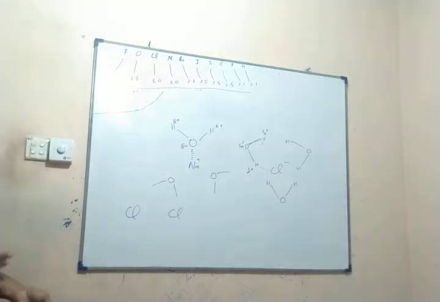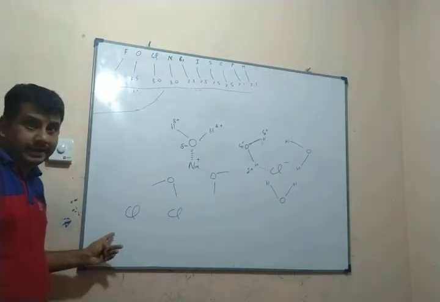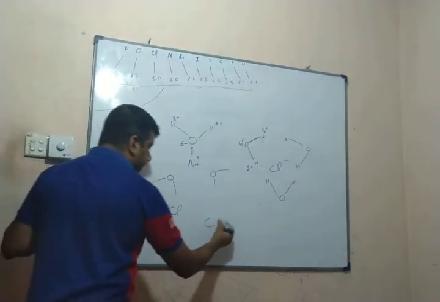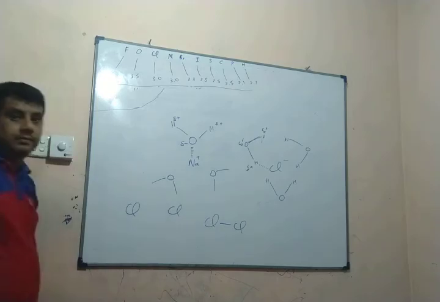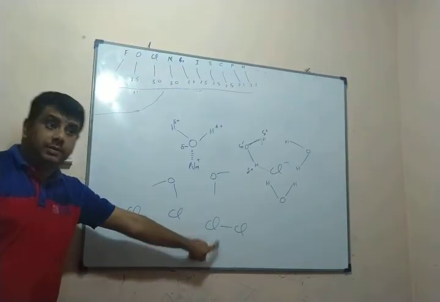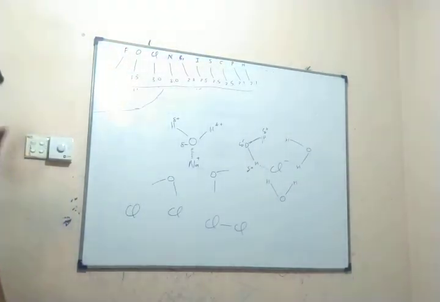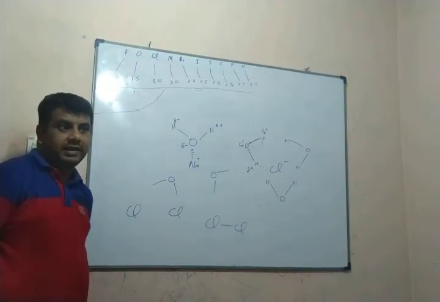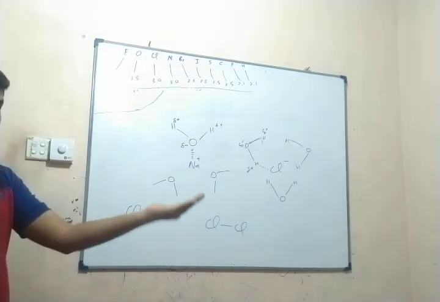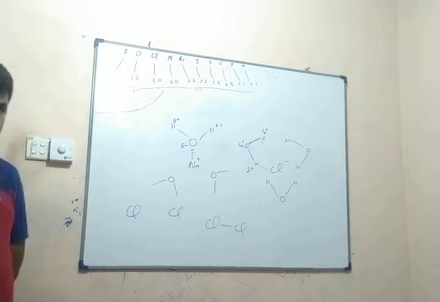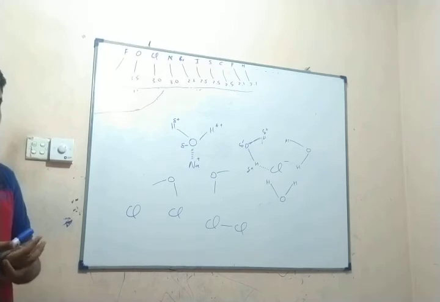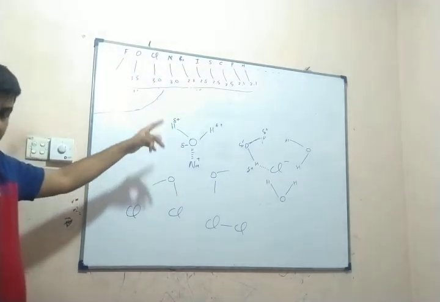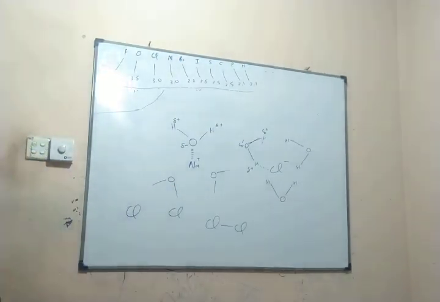That Cl2 is stable because of the octet, 8 electrons. So bond formation is normally energetically favorable. That means it gives out energy, that means exothermic. So the process of hydration is what? Exothermic, right?